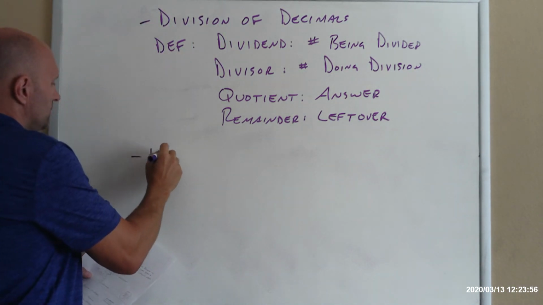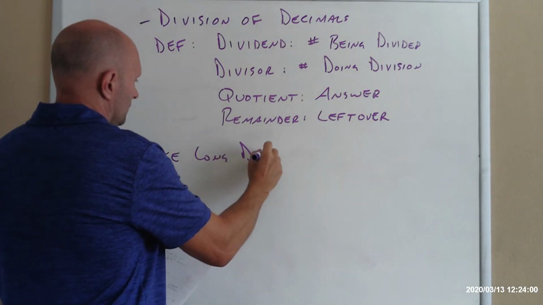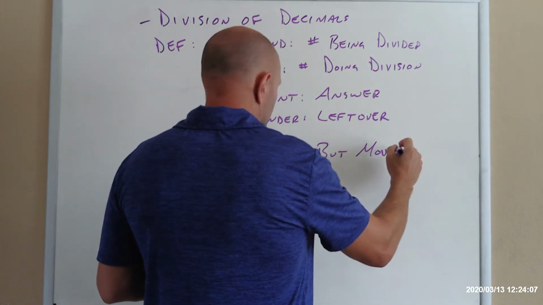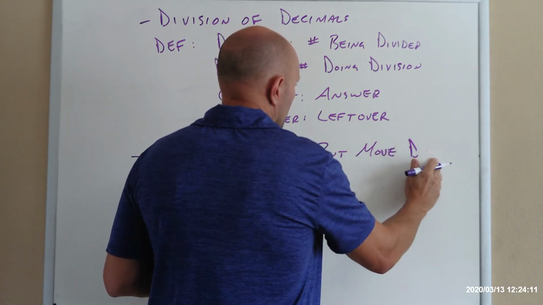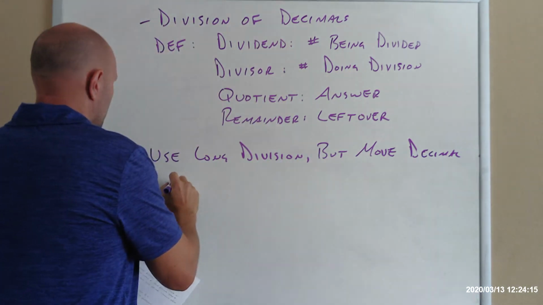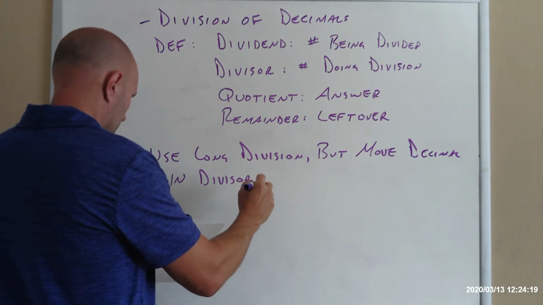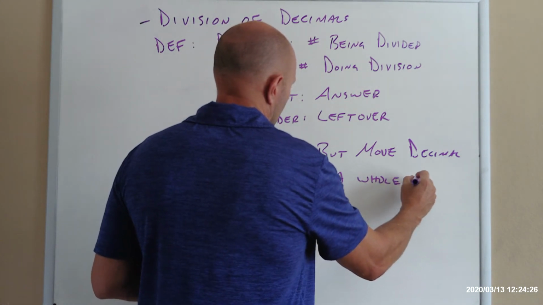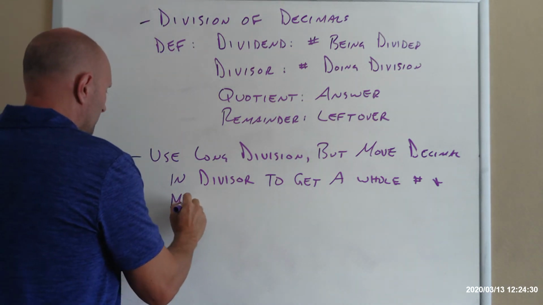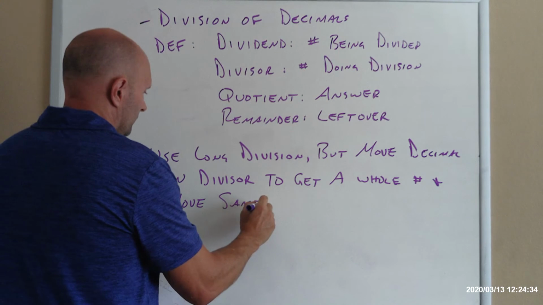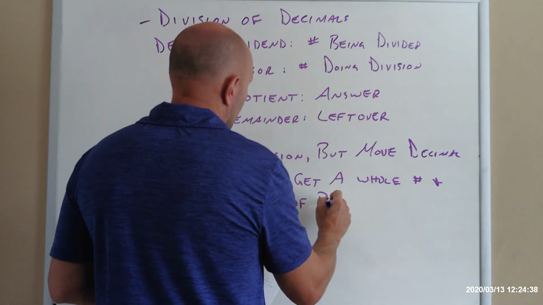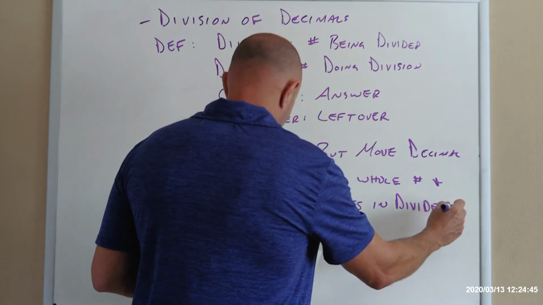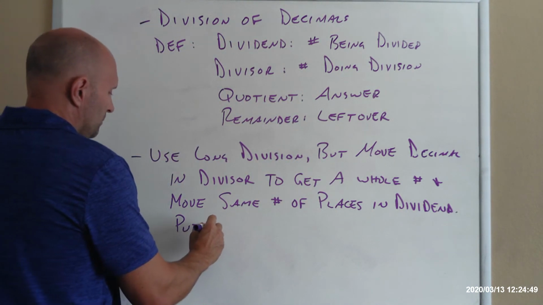We use long division but move the decimal in the divisor to get a whole number, and move it the same number of places in the dividend, and we'll do an example, and then put the decimal straight above in your answer.